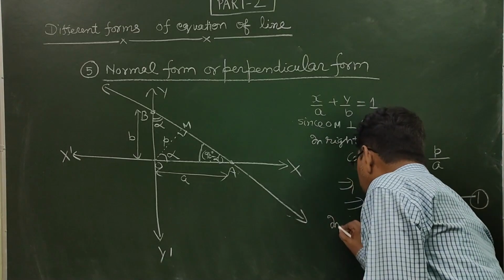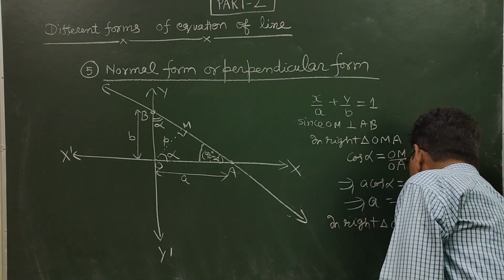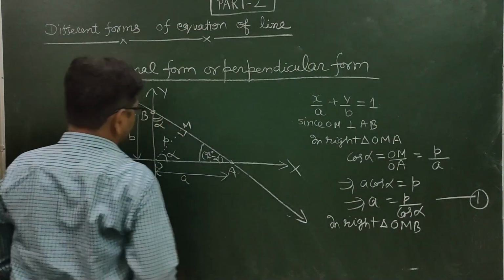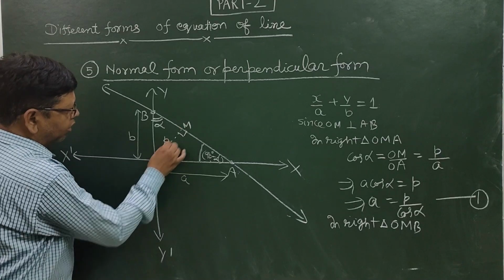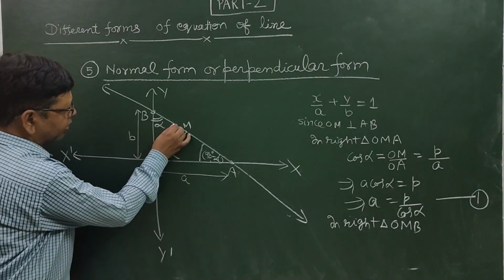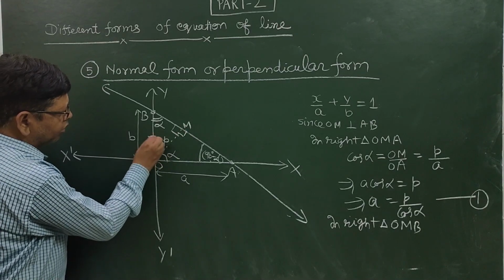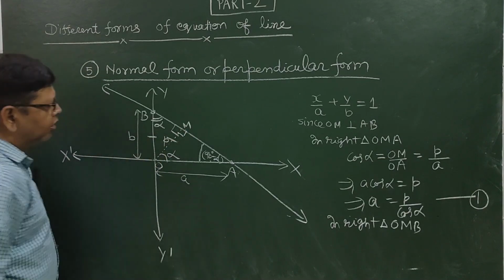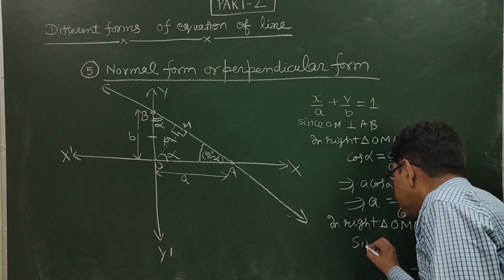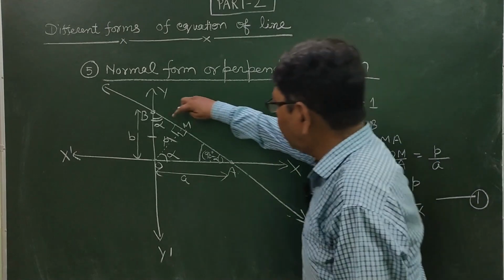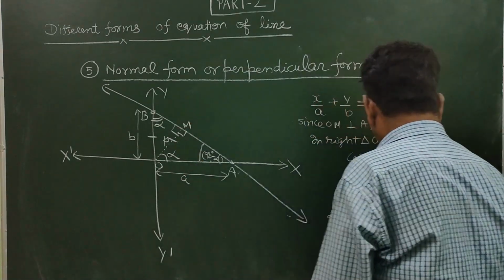Now we will consider the right triangle OMB. In right triangle OMB, for this angle, OM is the perpendicular and OB is the hypotenuse, because it is opposite the 90 degree angle. So we will consider sine alpha here. Sine alpha is equal to, for this angle, perpendicular OM upon hypotenuse OB.